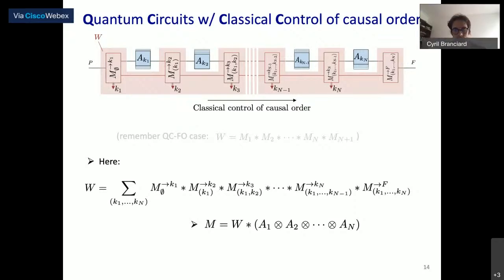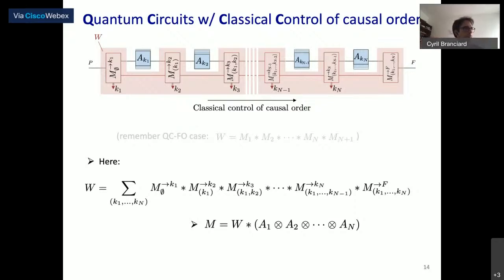Okay. He also asks, is there a known example of a process matrix that at the same time doesn't violate causal inequalities and is not in QC? Huh. I guess the short answer is no. I'm not aware of any such example. Well, it might be quite possible to build such an example if you take for instance the first process matrix introduced by OCB, Oreshkov-Costa, and Brukner, and you add some noise. At some point, it will stop violating a causal inequality.